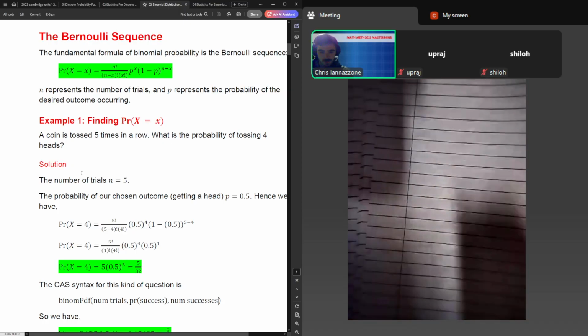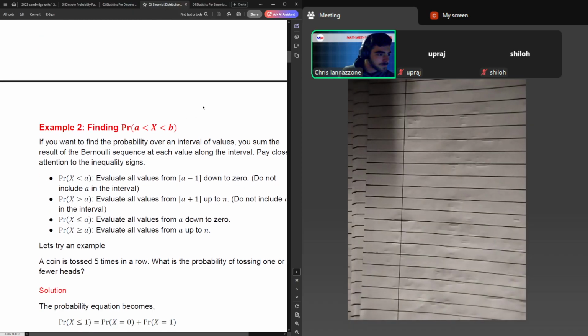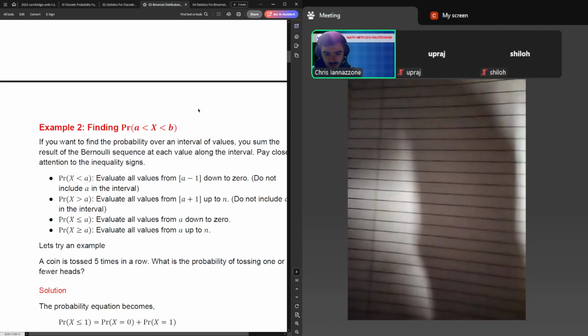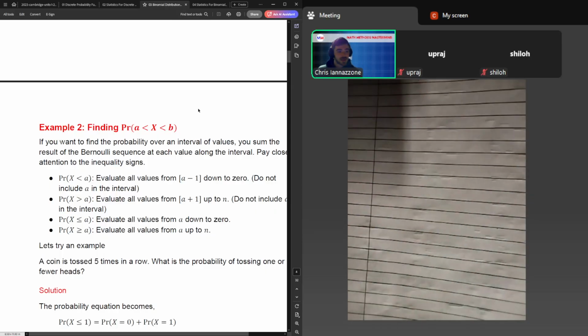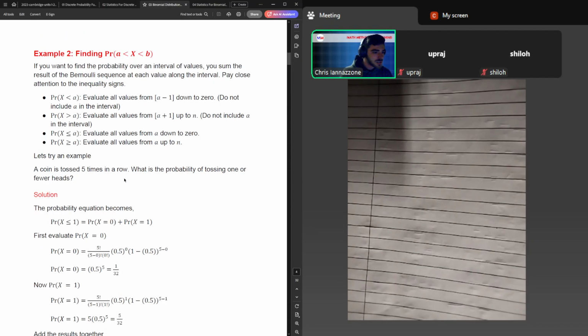Okay. So that's for specifically a specific outcome. If we go back to the screen share, you'll see we're having a look at how to handle a range of possible probabilities. So let's say you want to find the probability of tossing one or fewer heads from 5 tosses.